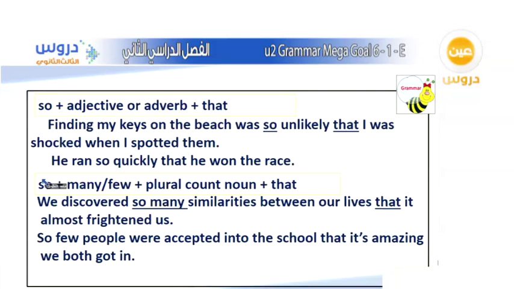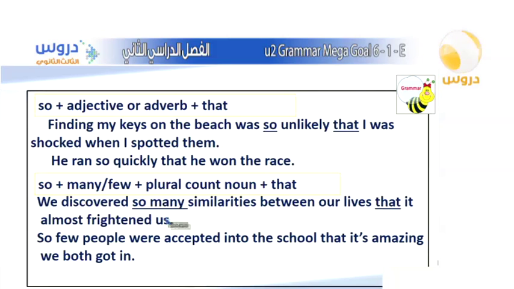We can use so with many or few plus plural count nouns, then that. Example, we discovered so many similarities between our lives that it almost frightened us. We have plural count nouns, similarities between our lives.